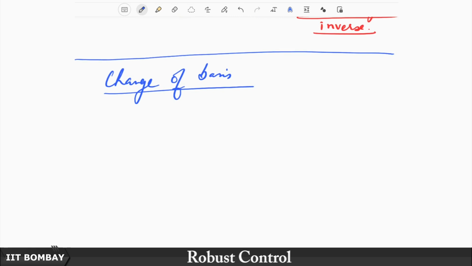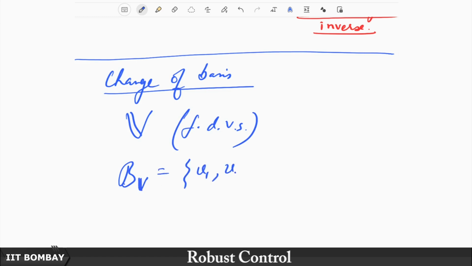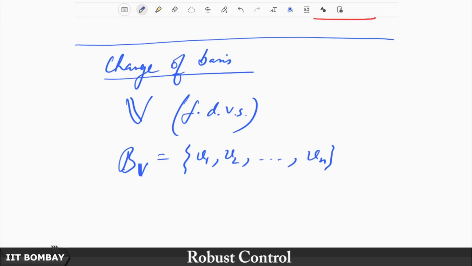Now, suppose you have, again without exception this will always be a finite dimensional vector space, FDVS, that is the short form I shall be using. Okay. So, suppose V has a basis B_V which is given by V1, V2 till Vn, and of course the choice of this basis is not unique.